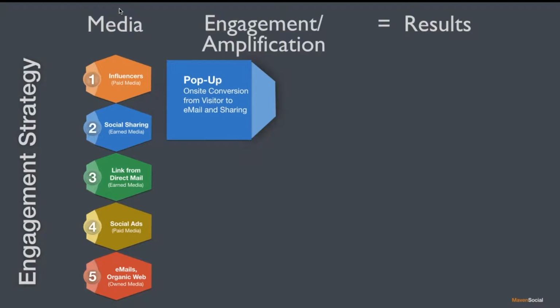We send media to microsites and eventually to the main donor portal, but the reason we do the engagement is we want people to interact with the brand, we want them to see video, we want them to share and like. So part of this is done through 4 unique engagements. One is a pop-up. This is on-site conversion from visitor to email and to sharing.